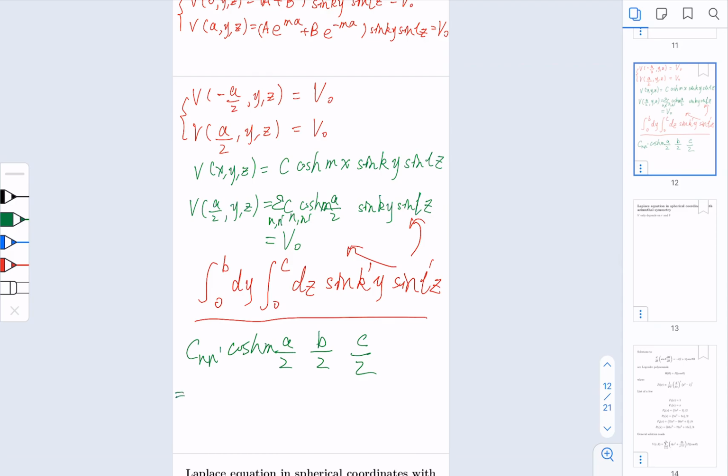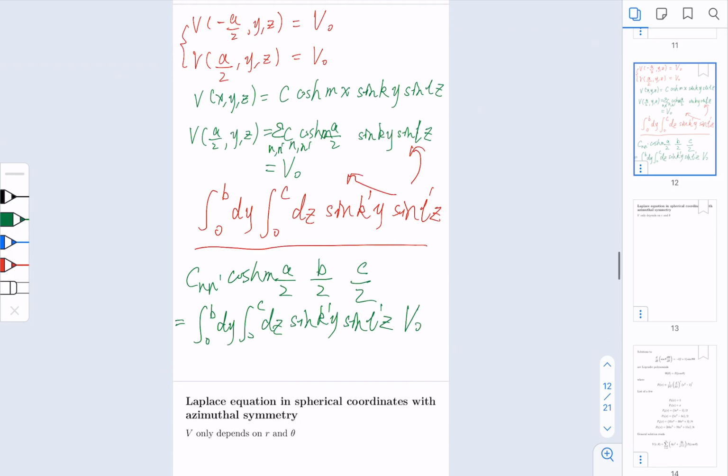This should be equal to the integral from 0 to b over dy, 0 to c over dz, of sine k prime y sine l prime z times v naught. And then if you move the cosh terms to the right, that gives you the expression of C n n prime.